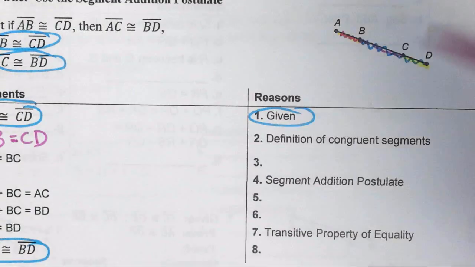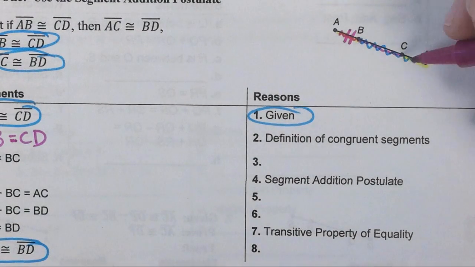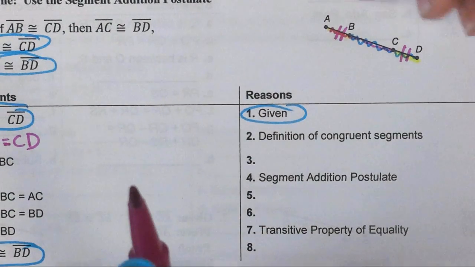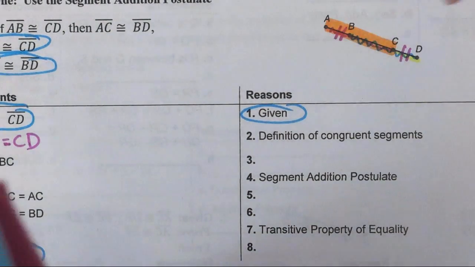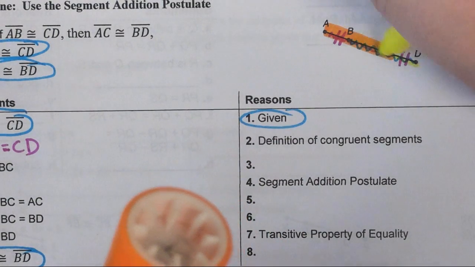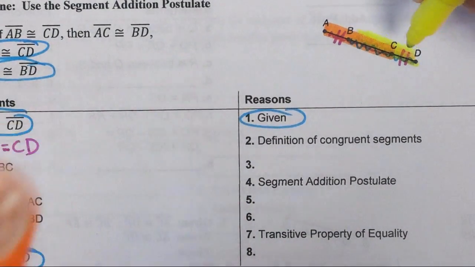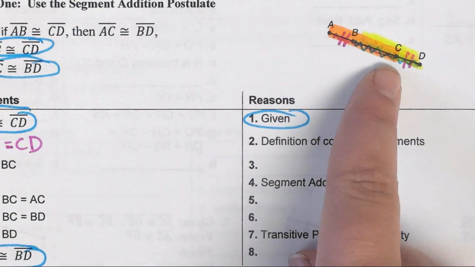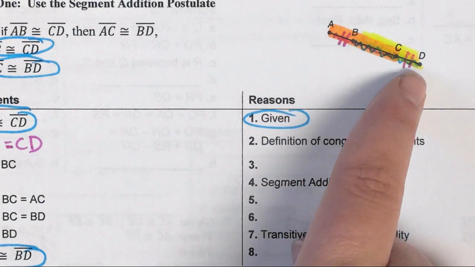They said AB is congruent to CD. And then they said, knowing that, can we show AC is congruent to BD? And it's hard to see because of the overlap, but I colored the segment BC both orange and yellow because we're using it with both pieces. We're using it with both AC and with BD.